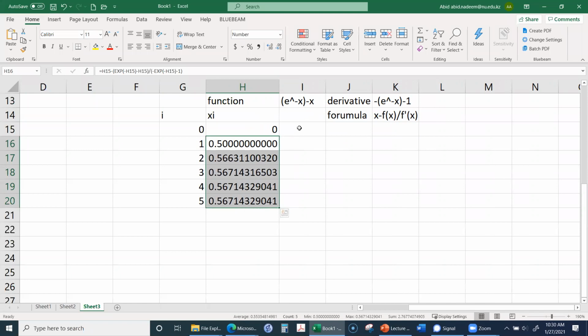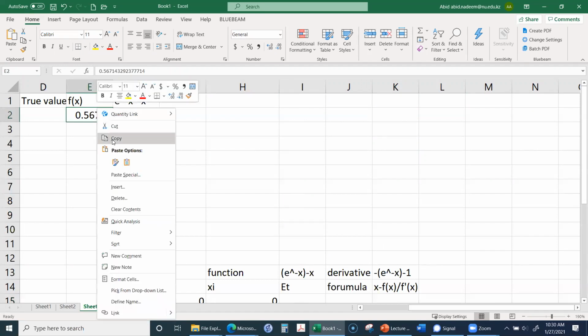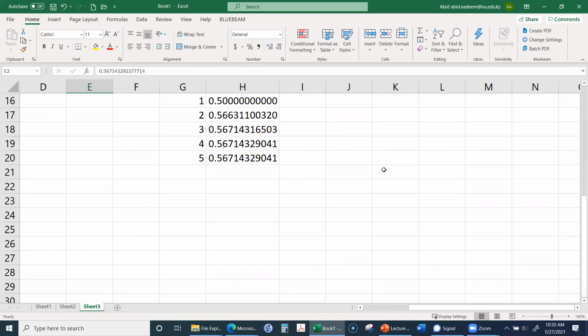So what is the true error? The true solution was, I think, something like 0.5714. I already calculated it in the last lecture by the solver operation.